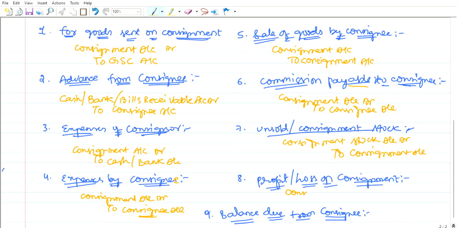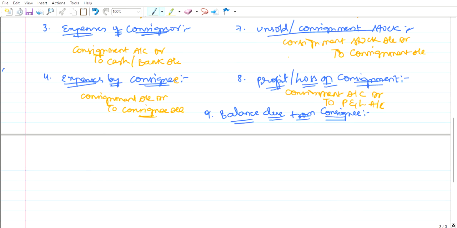So consignment account debit to profit and loss account, and this is to be sent to the P&L account when we prepare the financial statements. Okay, and the next thing is the last entry.